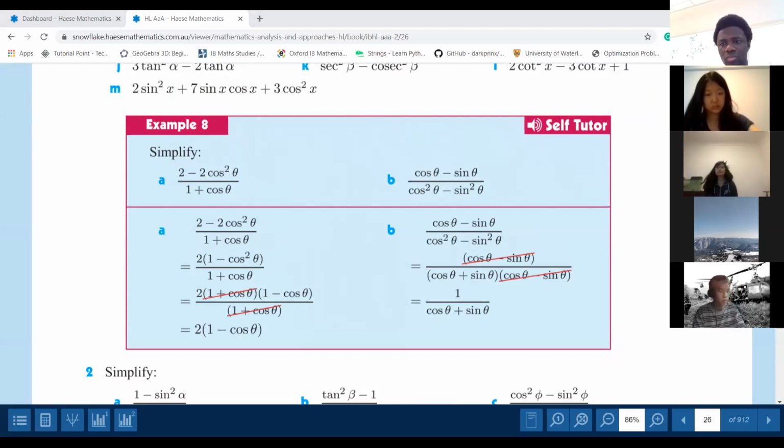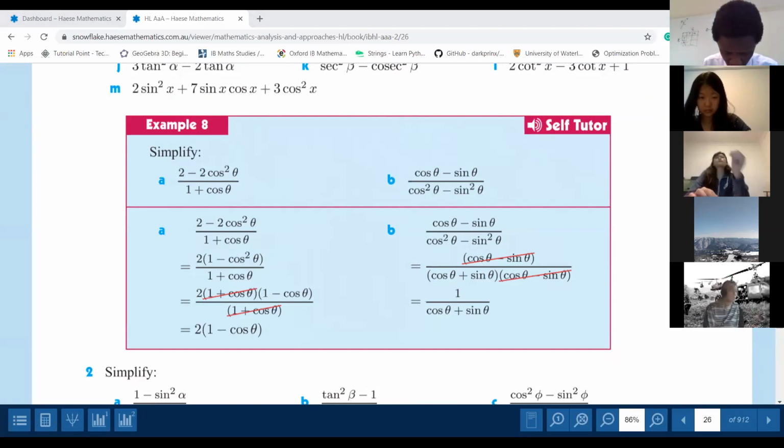In this example, we are given two expressions involving trigonometric ratios. They are both fractions, and we will look to simplify them by finding common factors in the numerator and denominator. Look at the expression in part A. In the numerator, we take out the factor 2. We have seen in the previous example how 1 minus cos squared theta can be simplified using the Pythagorean identity.